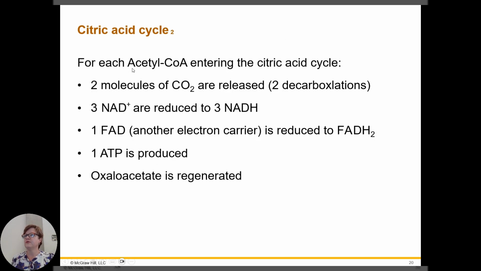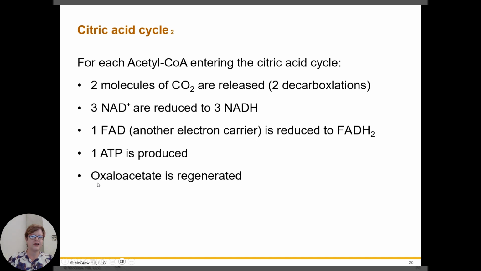So for each 1 acetyl-CoA entering the citric acid cycle, we get 2 molecules of CO2 released, 3 NAD pluses are converted to NADH, 1 FAD, which is a different kind of electron carrier but does the same kind of job as NAD, becomes FADH2, and 1 ATP is produced directly.